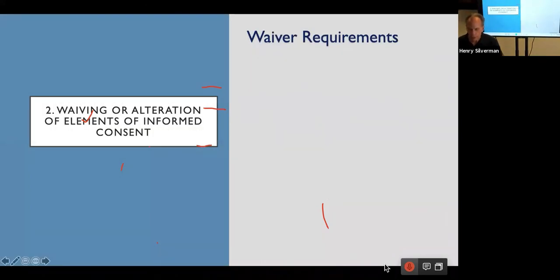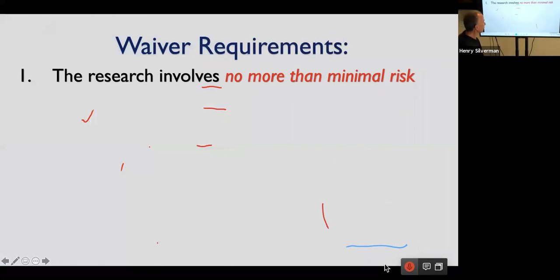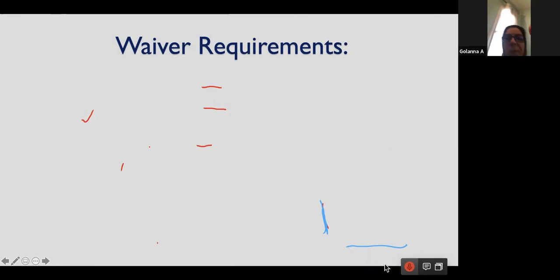Now, waiving elements of informed consent. Before I get into this, what kind of research studies would we want to do in which we want to waive certain elements of informed consent?